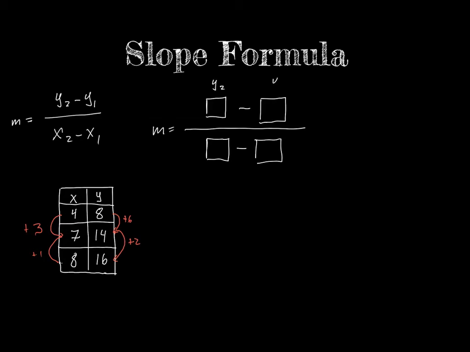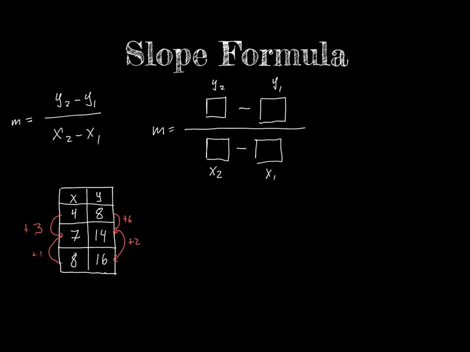The next box is going to be y1. And the bottom, in the denominator, we're going to have x2 and x1. The reason that we're drawing the boxes is that you're going to be filling them in with the numbers that you already have. So the only thing you need to do is select a pair of numbers.